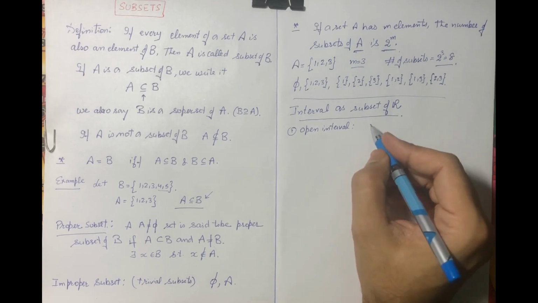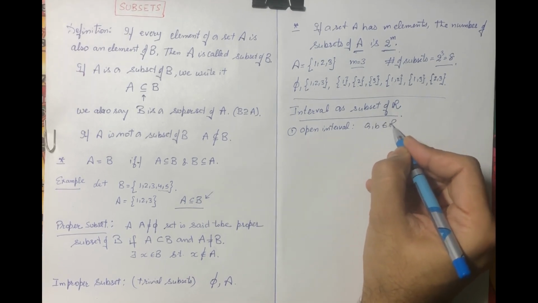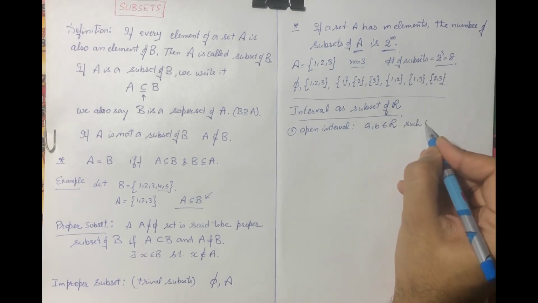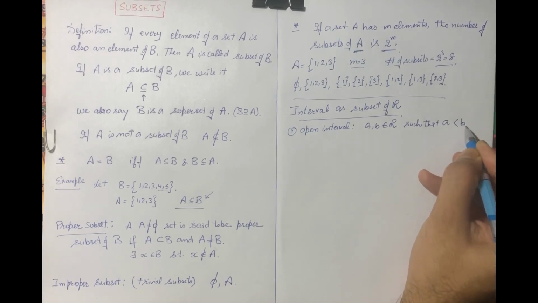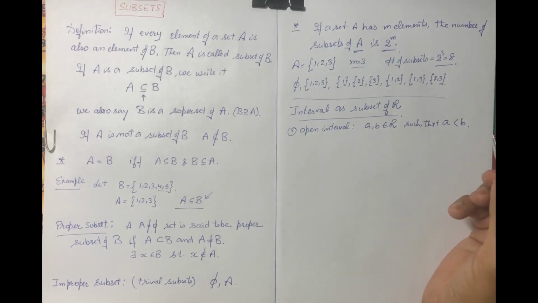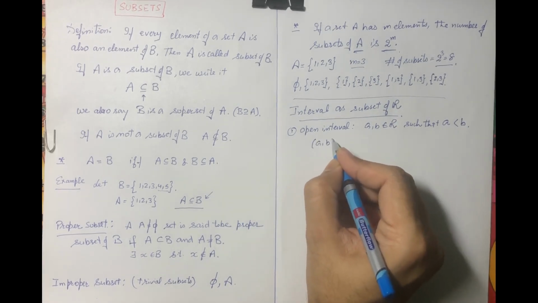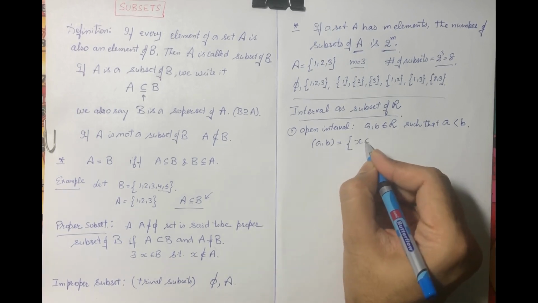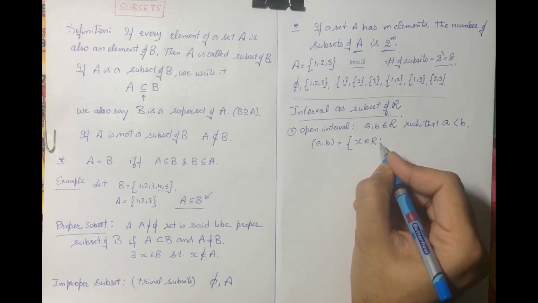We start with two real numbers a and b belonging to R such that a is less than b. We just write the syntax first: x belongs to R with a less than x less than b.